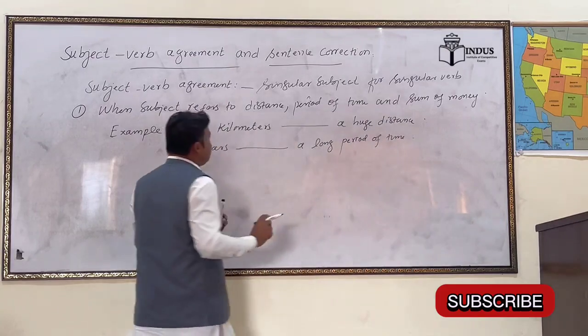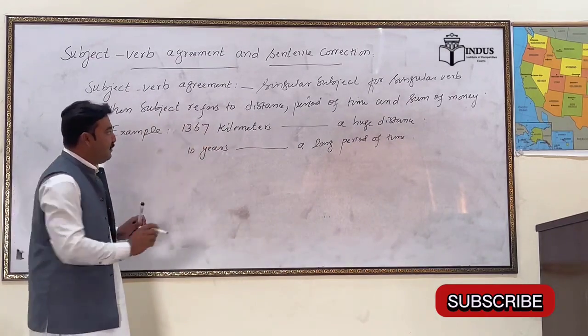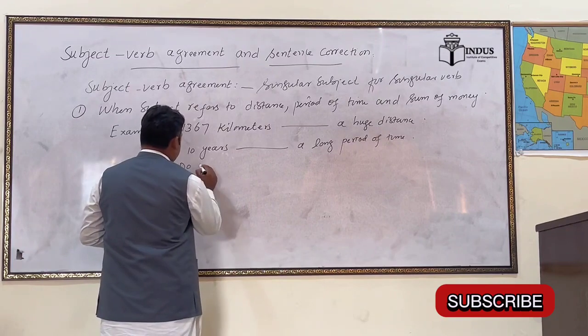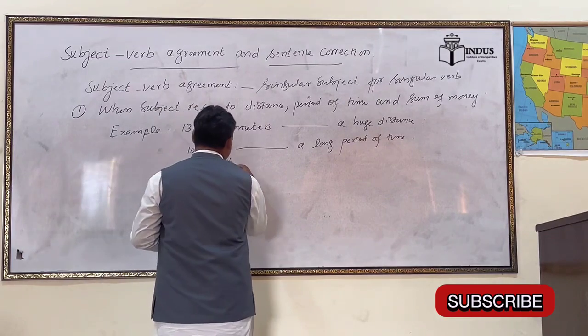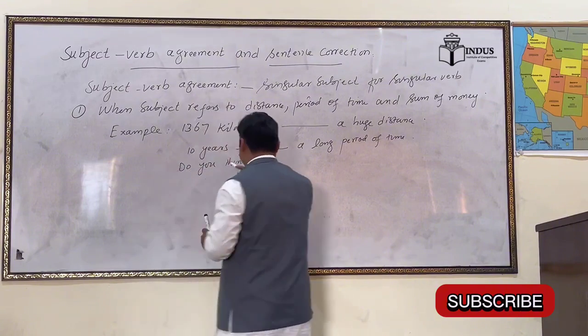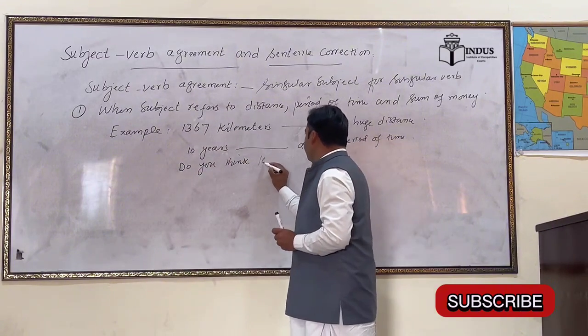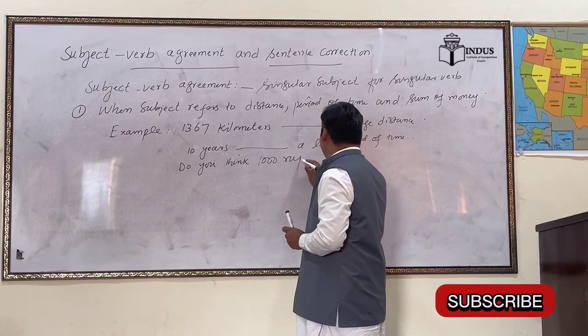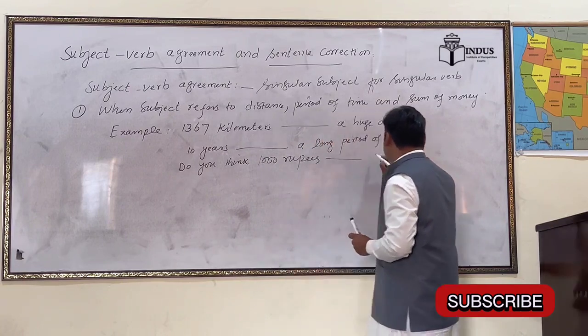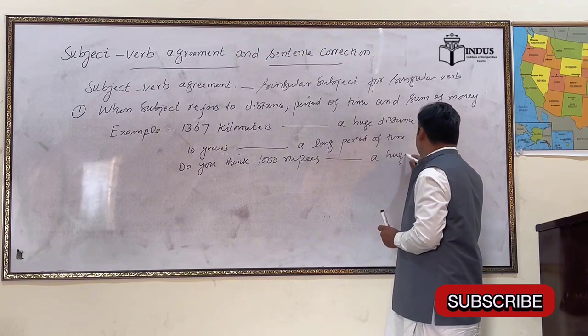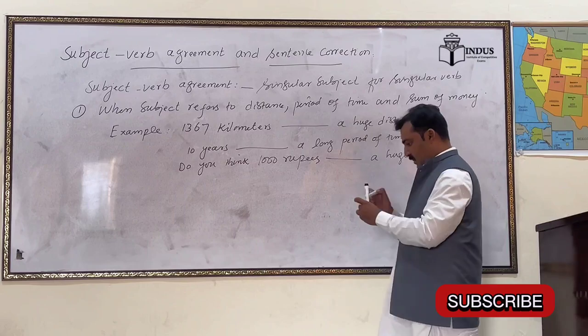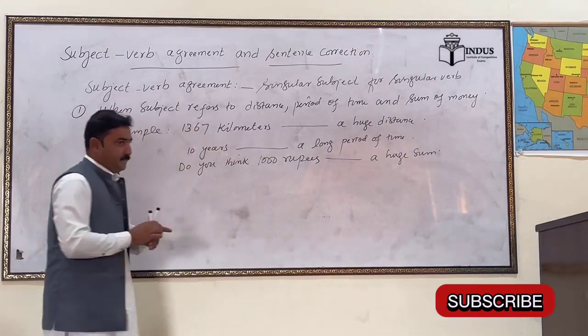The third sentence can be sum of money. Do you think 1,000 rupees, a huge sum?